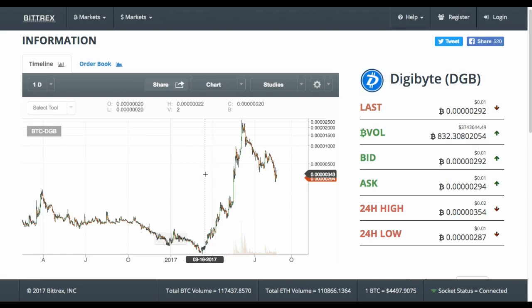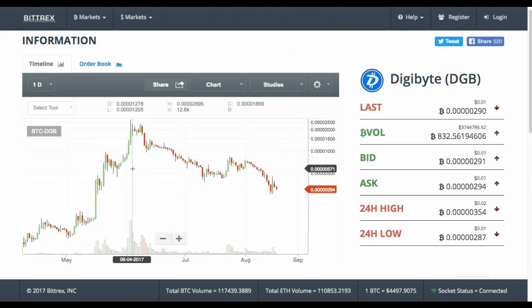But since early June, since we had this rise up to a high of, what was it, 2695, and that's against Bitcoin, but I won't talk about the zeros, we have had a steady decline, bottoming out so far at a low of 251. So a high of 2695, a low of 251.